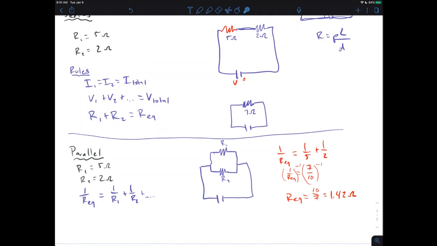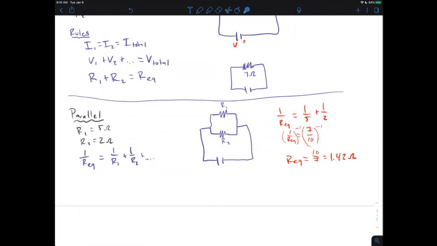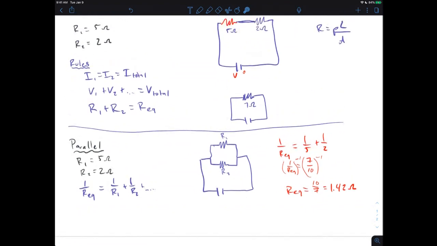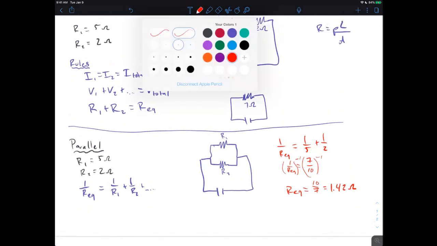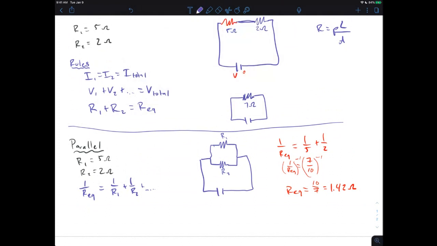And so that's this idea of parallel. And it has a few things now that are different from our rules for series. So the first thing is that now current can go through this bottom fork or the top fork, but either way, when I add up all the current going through here at the end, it has to be back to my total, right?